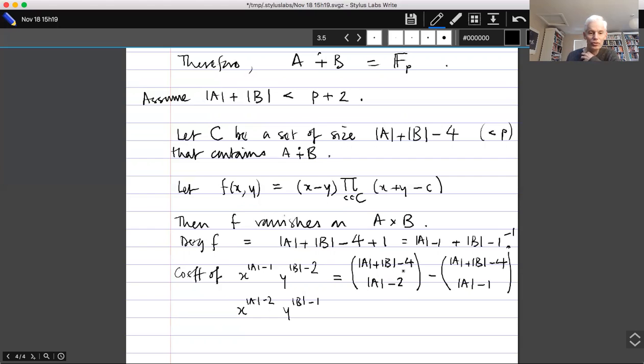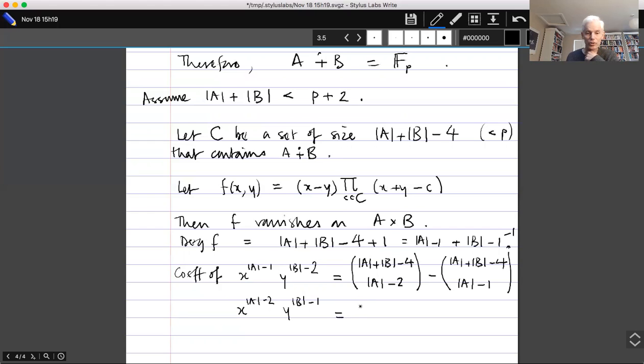For the first coefficient, I wanted to get a power of size of |A| minus 2 for the x, which I would then multiply by an x. For the second one, I wanted x to go up by 1, because I'm not going to multiply it by x anymore. And then y will correspondingly go down by 1, and then there's a minus sign here because of the minus there. So I get that |A| minus 1 because I now want the power of x here to be the full x to the |A| minus 1.